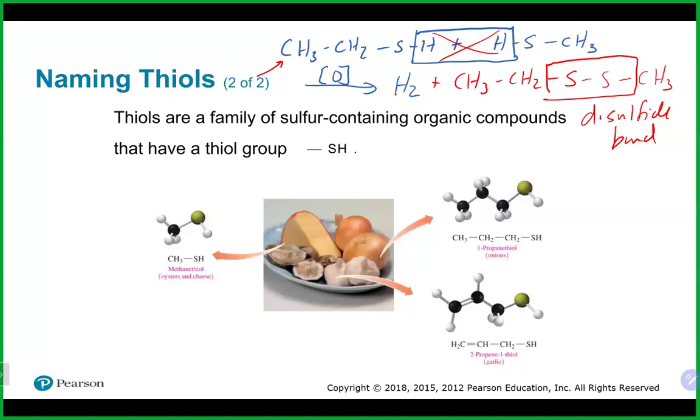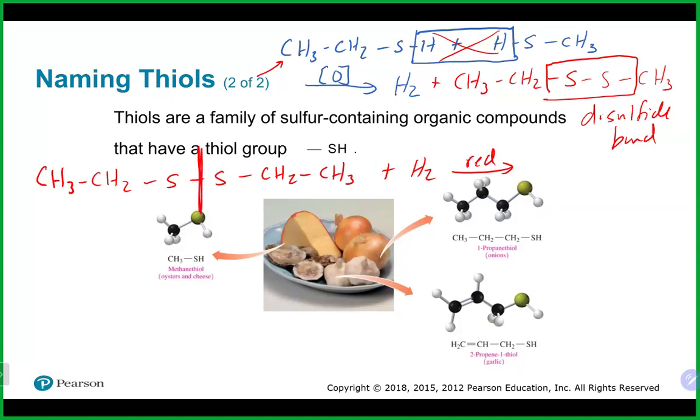And as you might imagine, you could also go backwards on this one as well, which means that if I started with this guy, or this guy here, we'll go with that guy, and I added some hydrogen, and this is going to be a reduction reaction, what's going to happen is it's going to break apart exactly where we put it together.